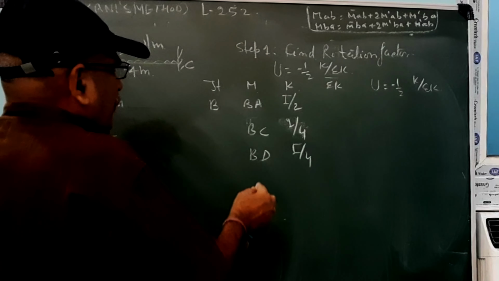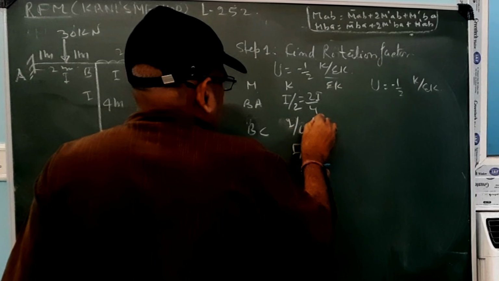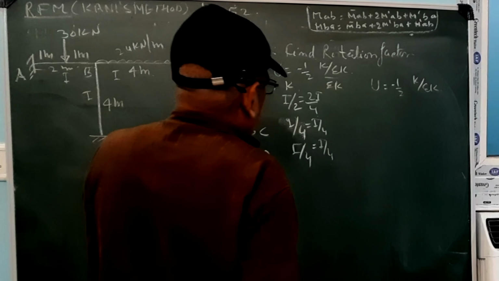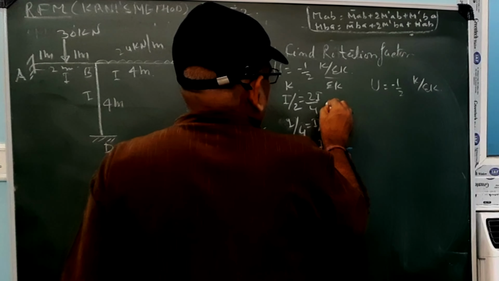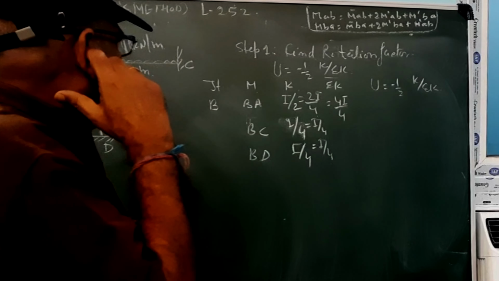So your total is 2I by 4, plus I by 4, plus I by 4, so this is 4I by 4.